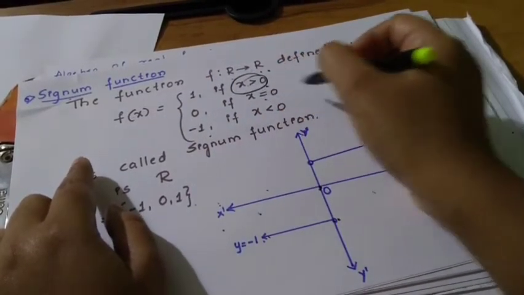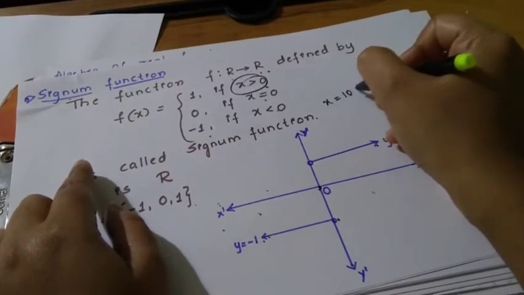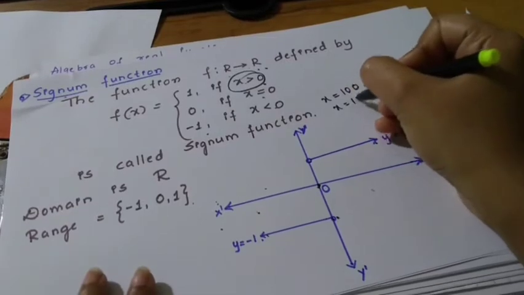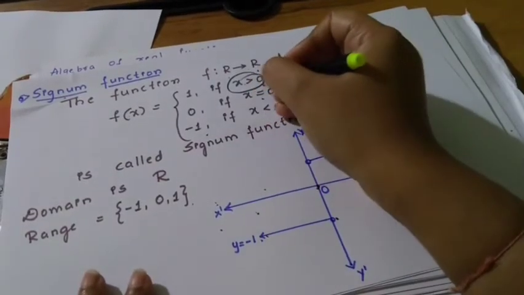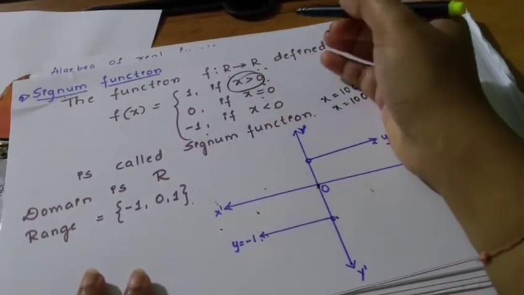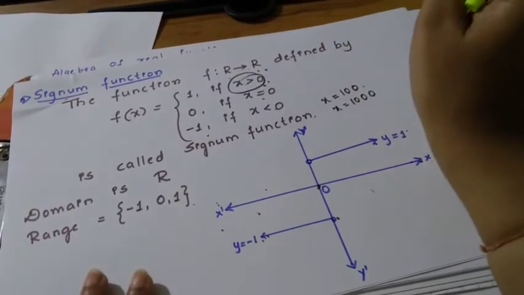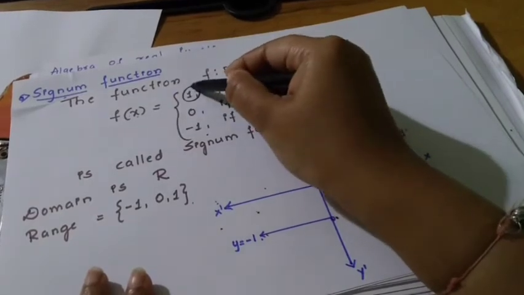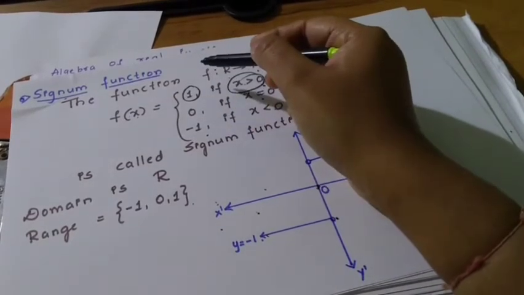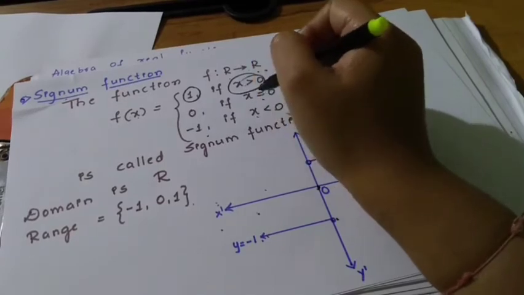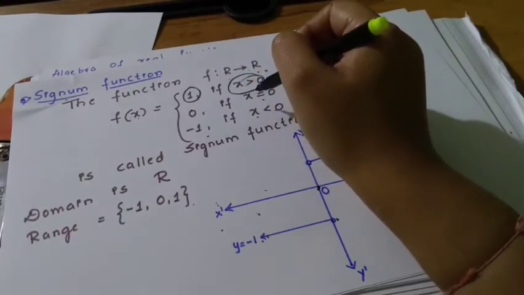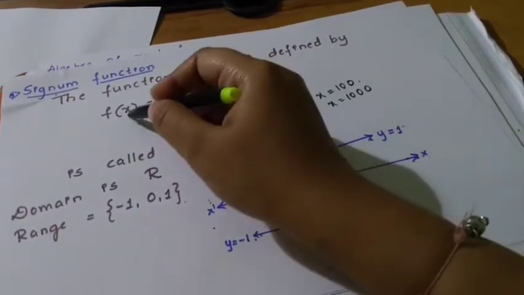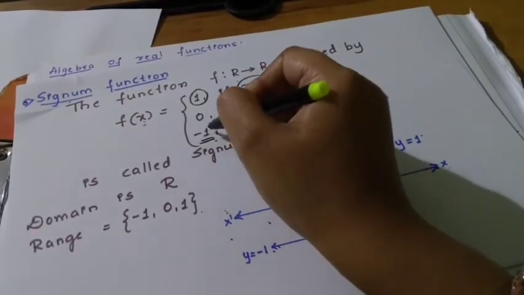Now if you take x equal to 100, f of x is 1. If you take x equal to 1000, any positive value, 1, 2, 3, greater than 0, any number up to infinity, f of x will only be equal to 1. When it is less than 0, minus 100, minus 20, minus 60, any negative value less than 0, f of x will always be equal to minus 1.